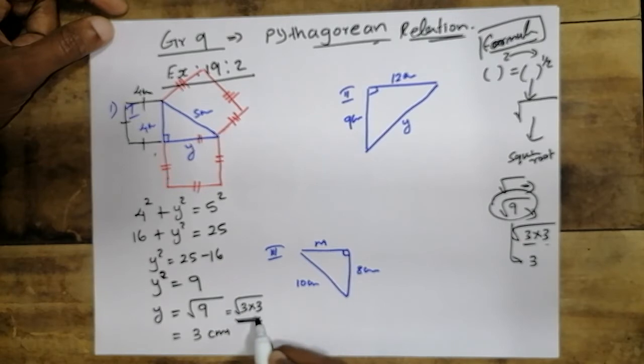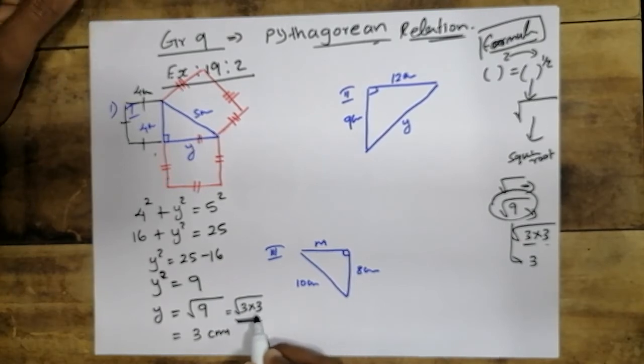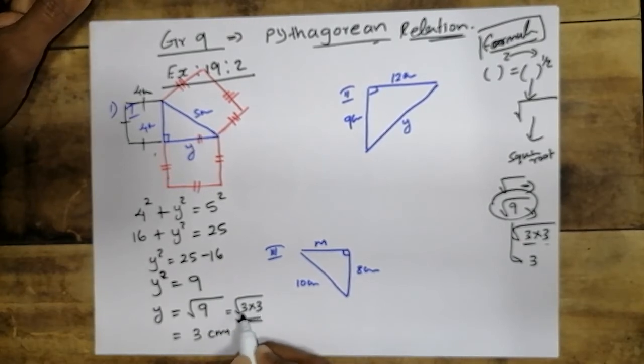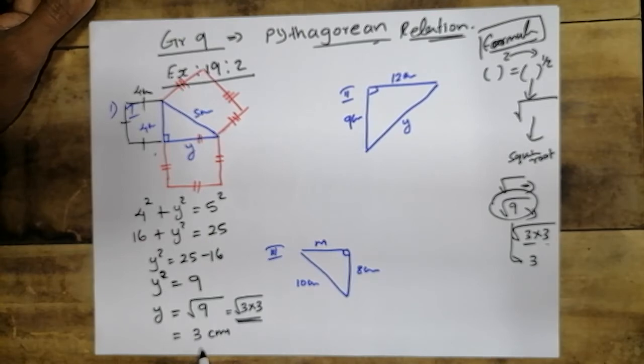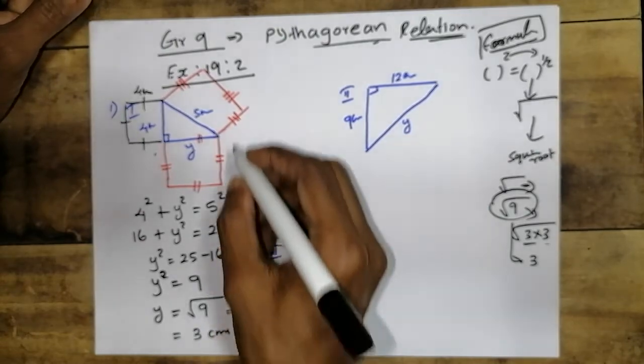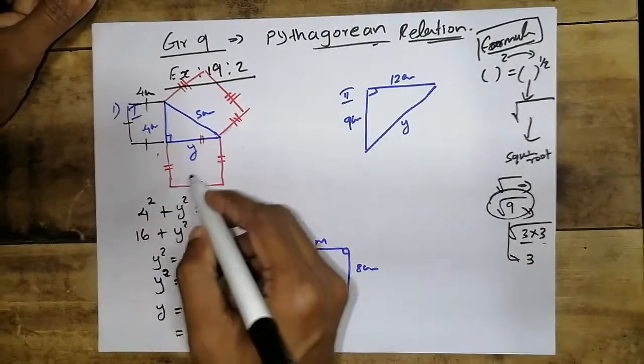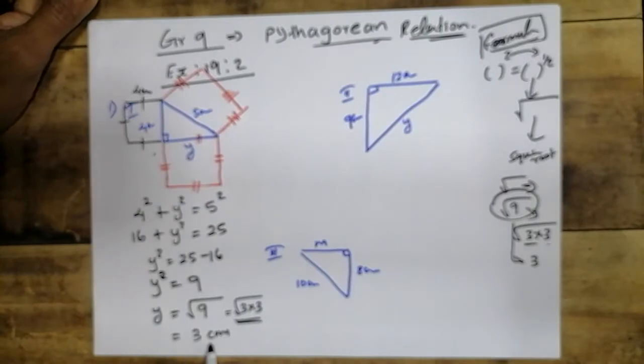So after this step, if any number is written as a pair, you can take out one of the value as the result. So square root of 3 into 3, the result is 3. All the measurements are in centimeter, so y is also 3 centimeter.